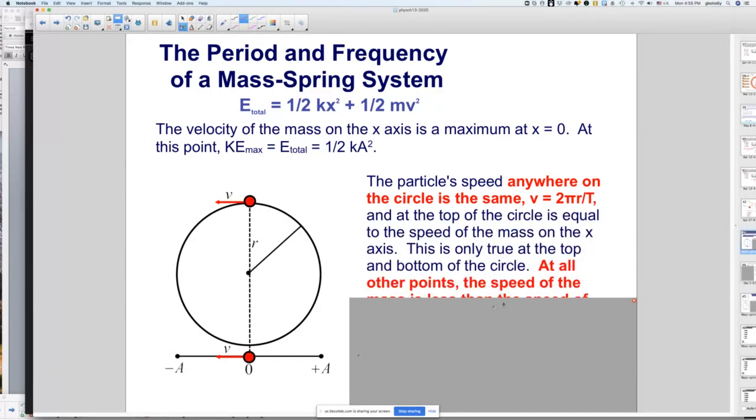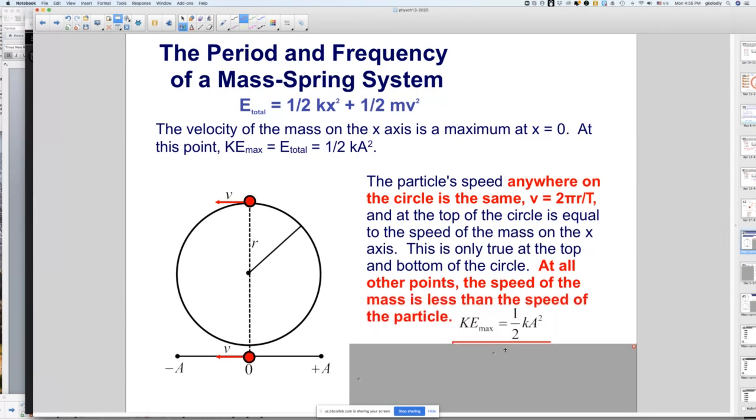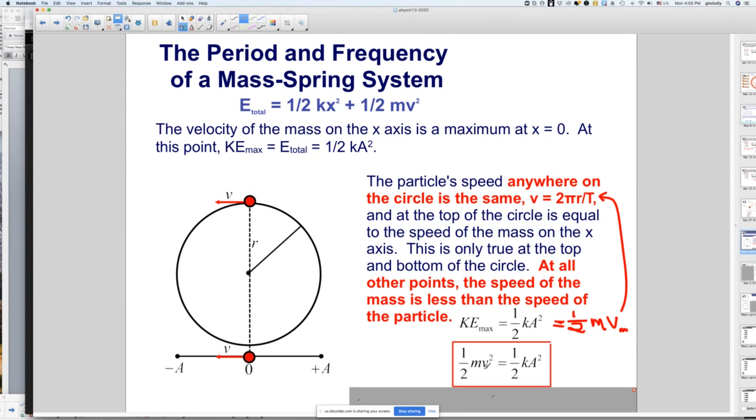And so this v is going to be equal to the maximum v over here. We set this equal to 1/2 mv squared. This v is going to be v max, which means it's going to equal that. Okay, so I'm just going to put this as the maximum velocity.